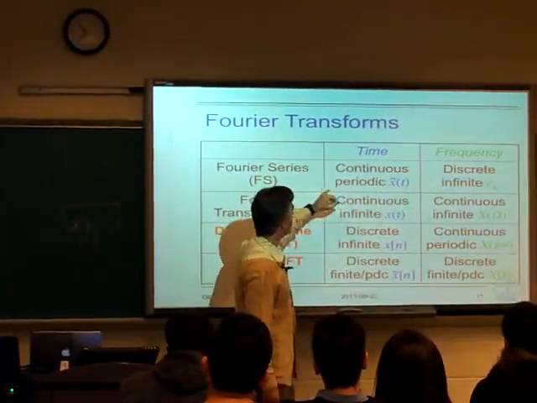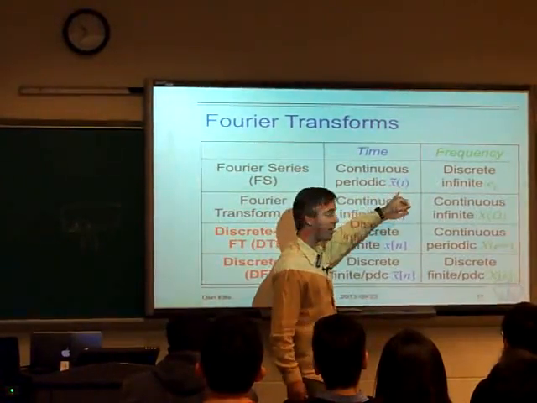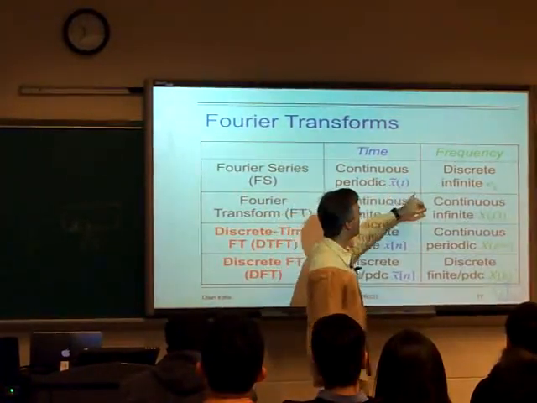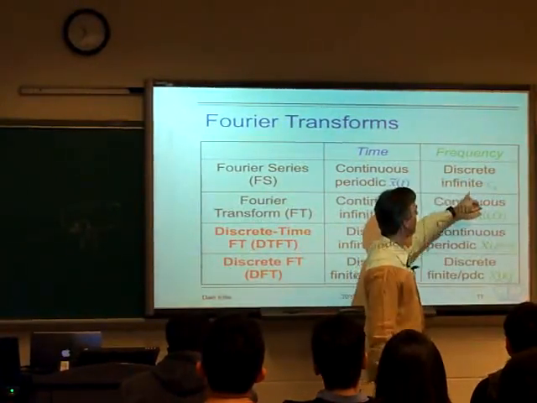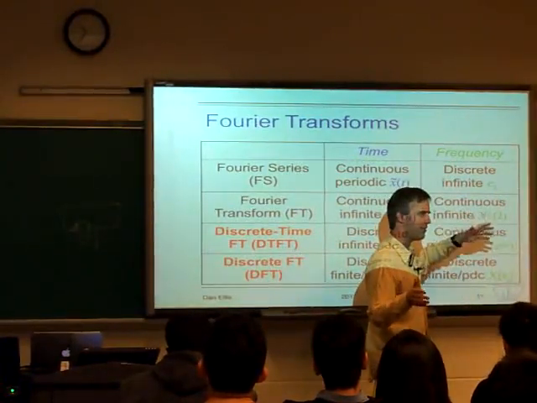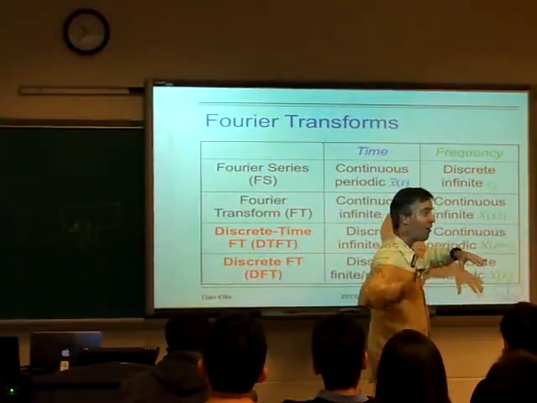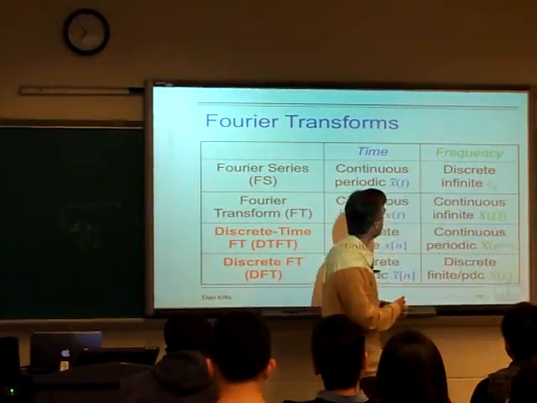For the Fourier series, the restriction was that we were talking about a continuous signal, but it was periodic in the time domain. And what we ended up with was a Fourier transform that was a set of discrete values, a countably infinite, or whatever the word is, very long list of discrete values.